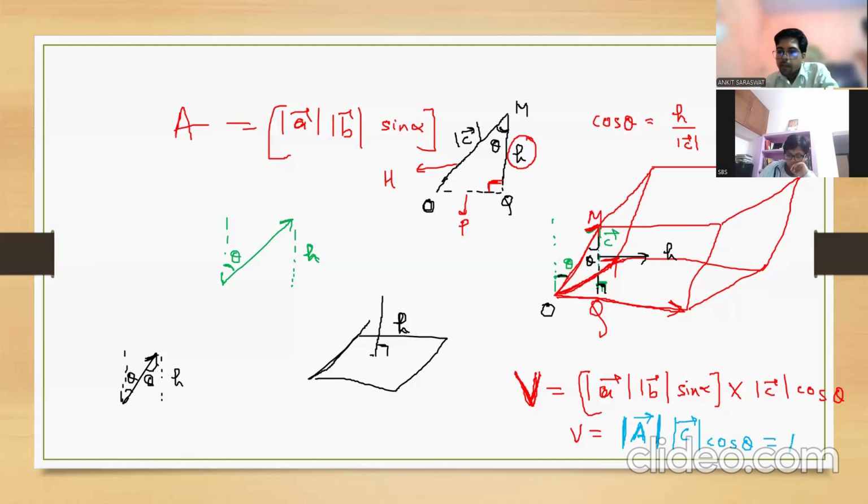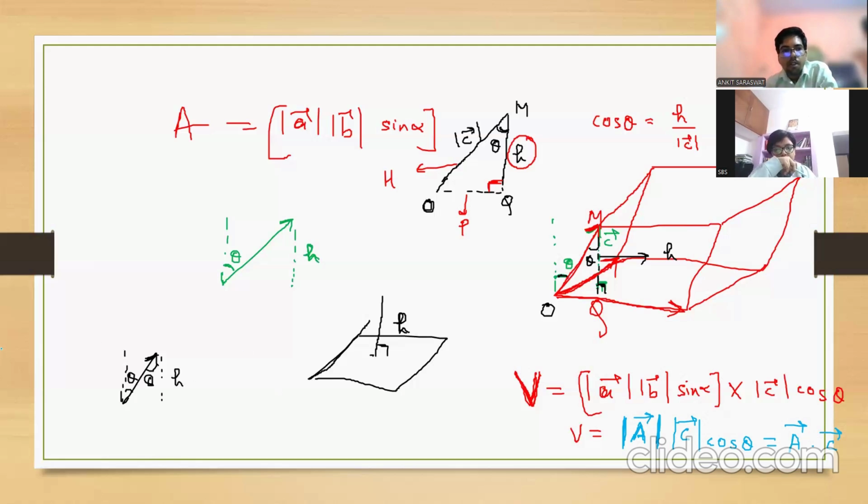Then if it is so, can you write this as A dot C? Can we write? Up to this, any doubt? Sir, I'm not able to get this A dot C. I am saying mod A, mod B, sin alpha is the magnitude of that vectorial area.